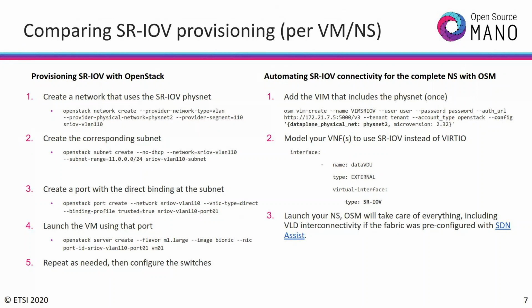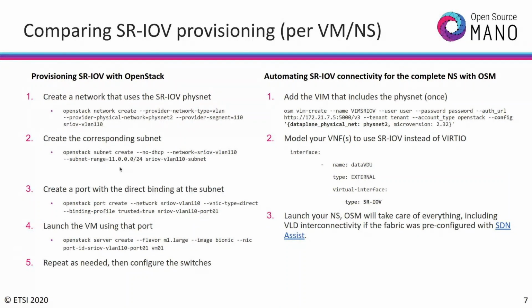In the case of SR-IOV, for example, when you want to use it in OpenStack, besides setting the host for supporting this, which is common to everything, you need to configure the node for that. But then, once it supports SR-IOV, you need to create a network assigned to the physical network that is already pre-assigned to the physical interfaces that you will dedicate to SR-IOV.